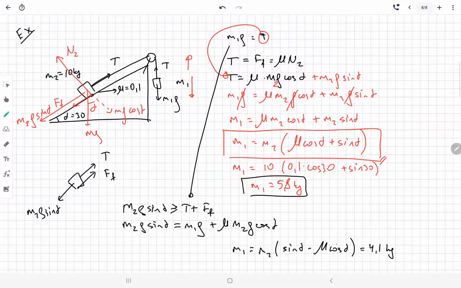Maximum it can be equal to 5.8, minimum it can be equal to 4.1. So for any mass between these two values, this system will be at rest. If you have a mass greater than 5.8, m1 will move downward. If you have a mass less than 4.1, this m1 will move upward.